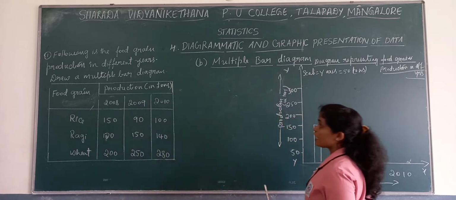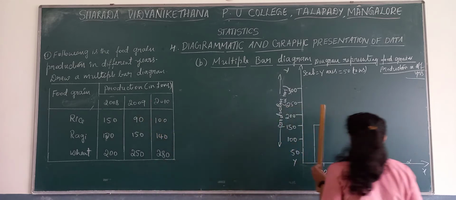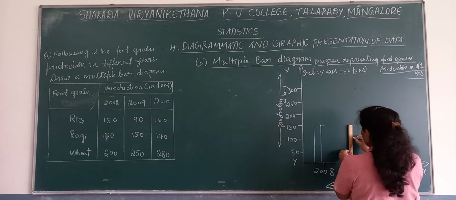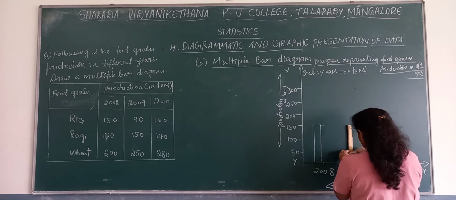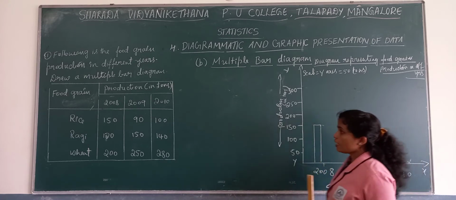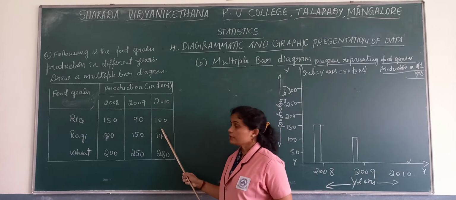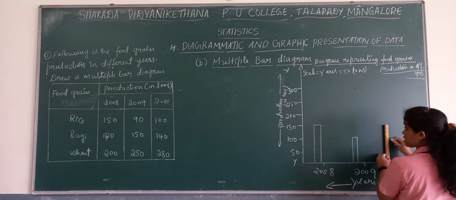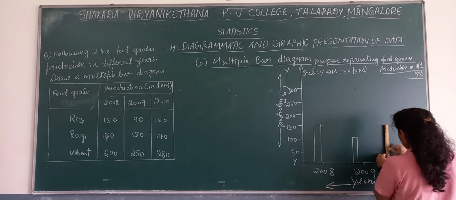And in 2009, the value of rice is 90. In 2010, the value of rice is 100.